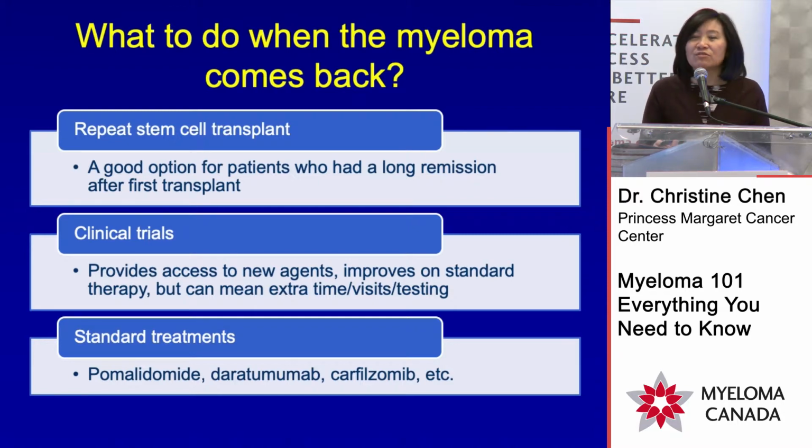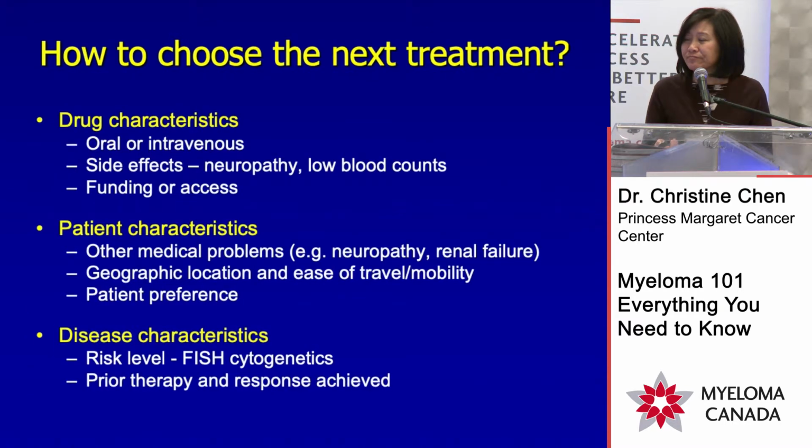And then there are standard treatments, and I am not going to talk about the individual drugs, but we are very fortunate in myeloma to have, in the last 10 years, a number of new drugs like pomalidomide, daratumumab, and carfilzomib that are now approved and available for the treatment of myeloma patients. And thanks very much to Myeloma Canada for helping to get these drugs available here.